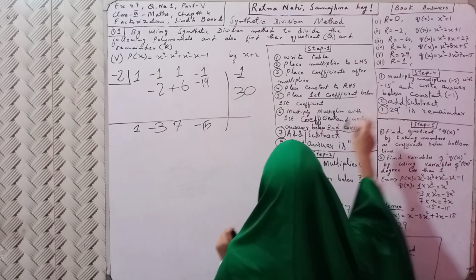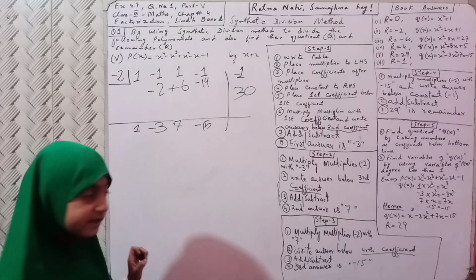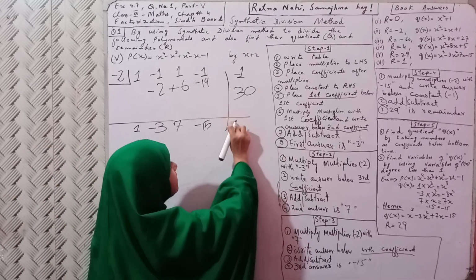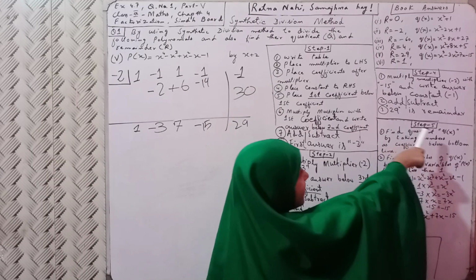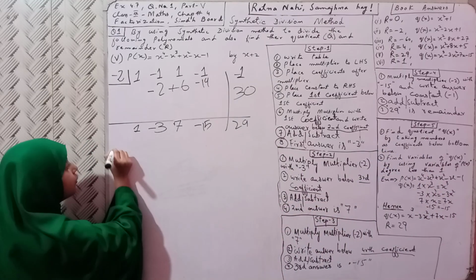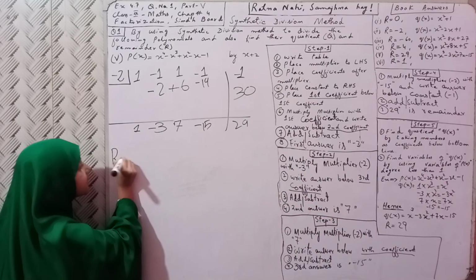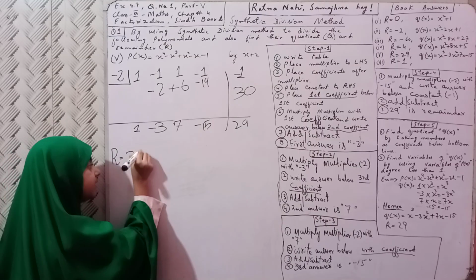Done this. Now add or subtract. Plus 30 minus 1, simple answer is 29. So 29 is the remainder. Correct. So our remainder is 29.